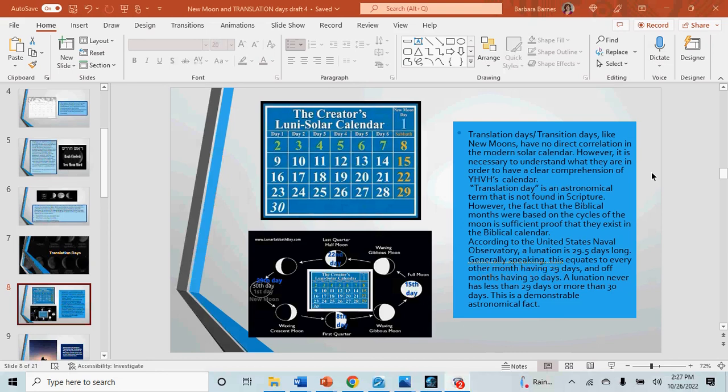That's why they said the data behind the luni-solar calendar system was so precise, because it is tied directly to the astronomical calendar, and you can calculate dates back as far as you want because the movement of the astronomical bodies does not change.